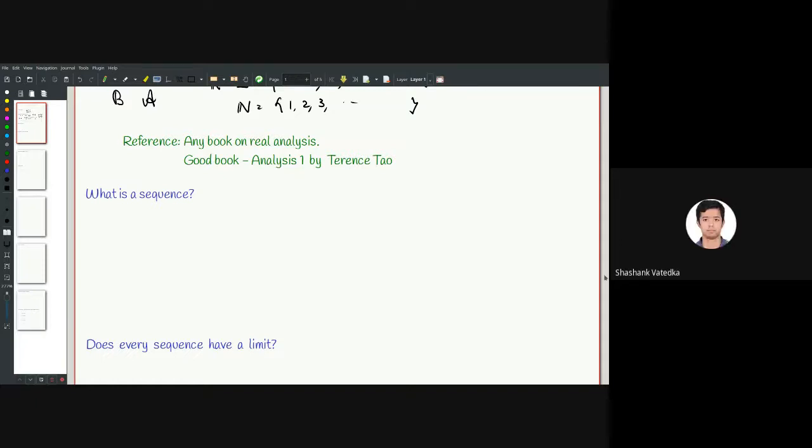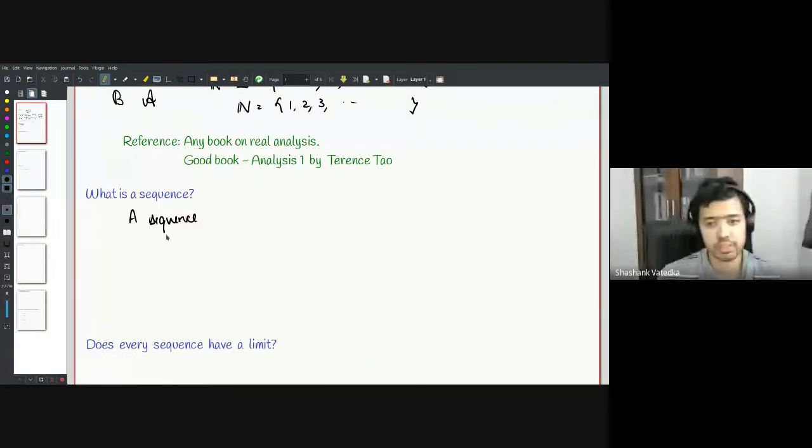So we'll use a slightly more formal definition of a sequence. To define a sequence, the objects must come from some set. So we'd say that a sequence over some set A is, mathematically speaking, just a map.